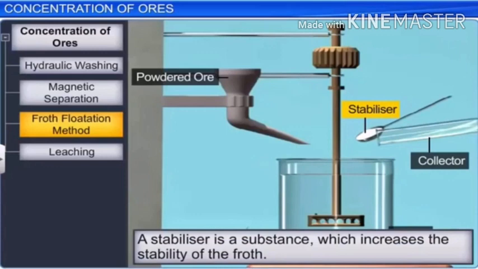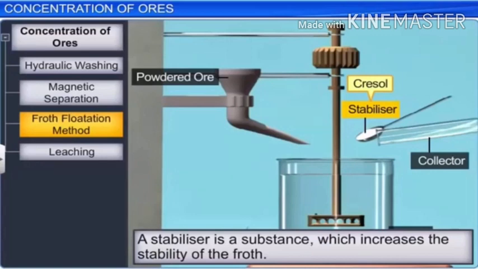So these collectors will enhance the non-wettability of the mineral particles, and stabilizers are also used. The stabilizers are substances which increase the stability of the froth. Froth means when we are doing this experiment, a froth will be formed over here, and stabilizers, for example cresols and anilines, are the normal stabilizers that we use.